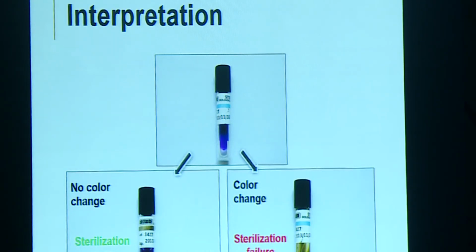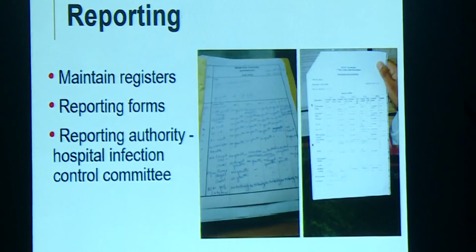If your sterilization process has been good, those spores should have been killed, and there would not be any color change. If the temperature or pressure has not been reached, then the spores would be viable, and once you incubate it, you are going to get a color change. This is also mandatory, not very expensive, and can be incorporated in your day-to-day working.